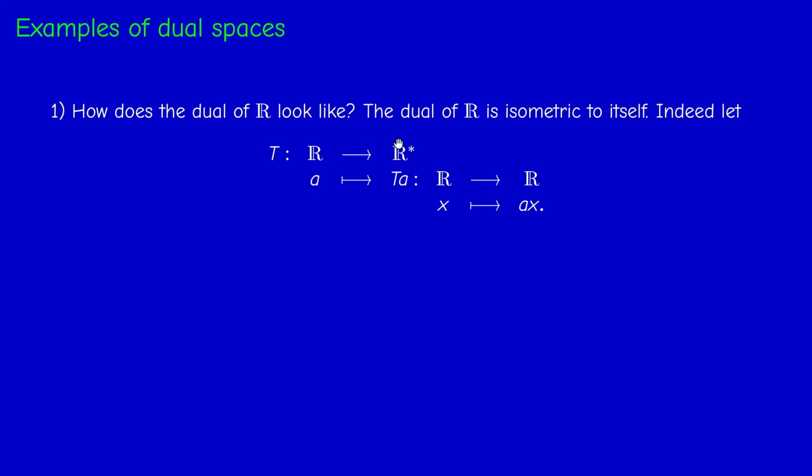But an element in R star is by definition a linear function from R to R. And this function, what does it do? It takes x into ax. So if you like, if you put a and x together, we get a bilinear form because it's linear in a and linear in x actually. Okay, so we claim that T is actually an isometric isomorphism or a surjective isometry. Okay, and therefore we could identify R with R star.